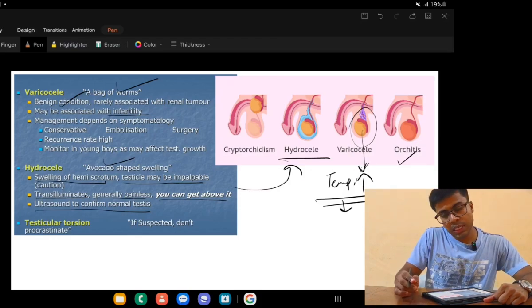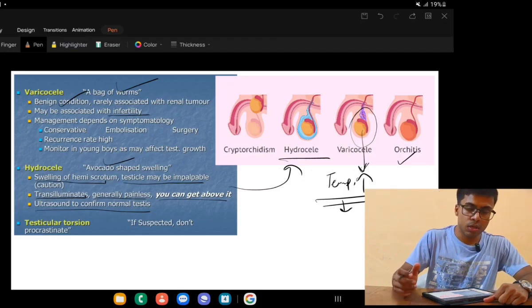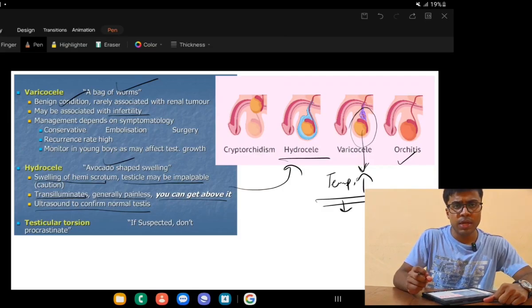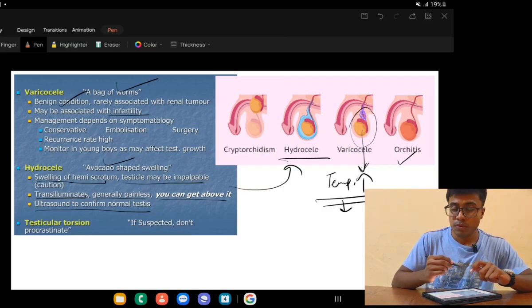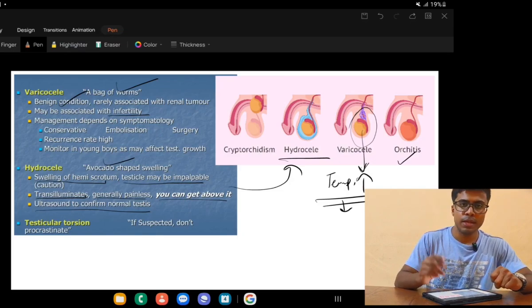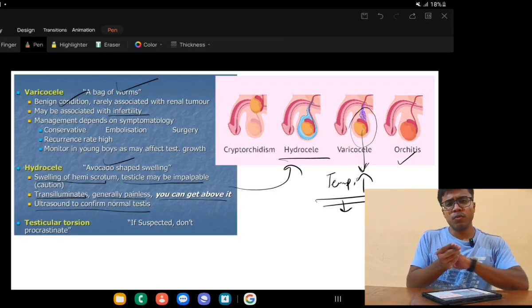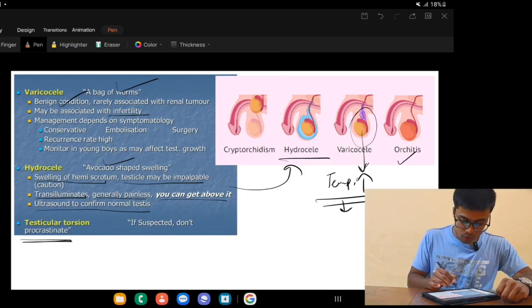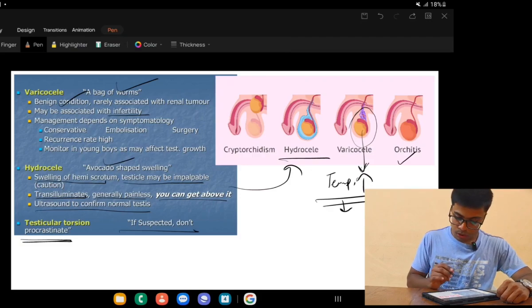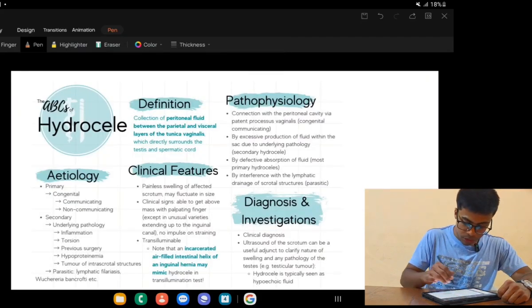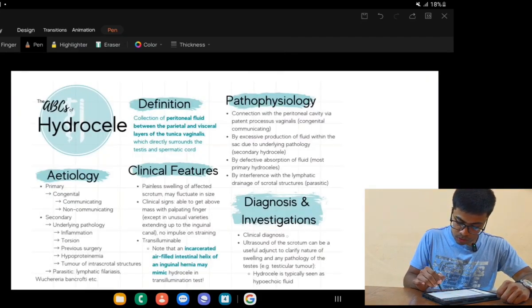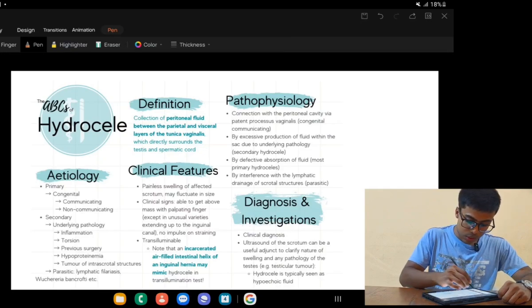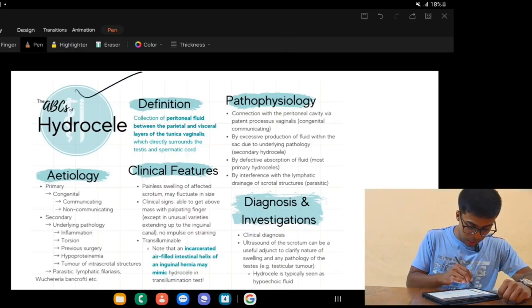We cut the sac and suck out the fluid inside, and then we use catgut to suture it, and over a period it heals and the secretions won't come later. Testicular torsion, in this case we should not procrastinate. If suspected, we have to do surgery as early as possible. So hydrocele, clinical features, diagnosis and investigation is this. You should learn this. I will share the PDF, you can learn this.